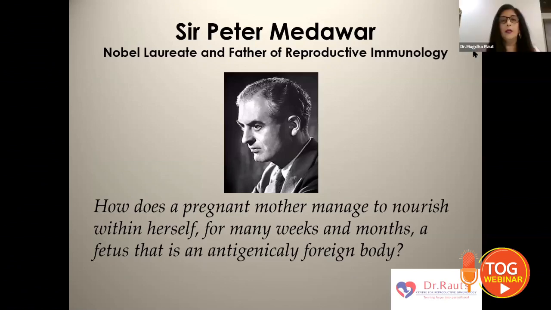Now, the actual thought of reproductive immunology goes to Sir Peter Medawar, who began with this question: how does a pregnant mother manage to nourish within herself for many weeks and months a fetus that is an antigenically foreign body? And that is where the research for reproductive immunology began.